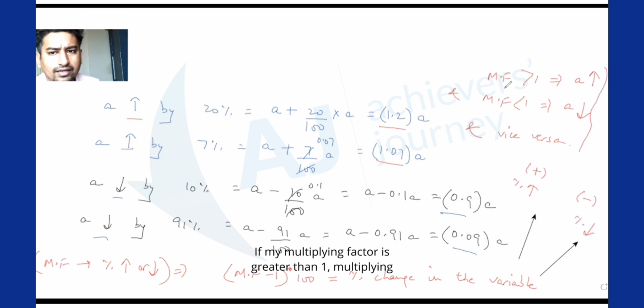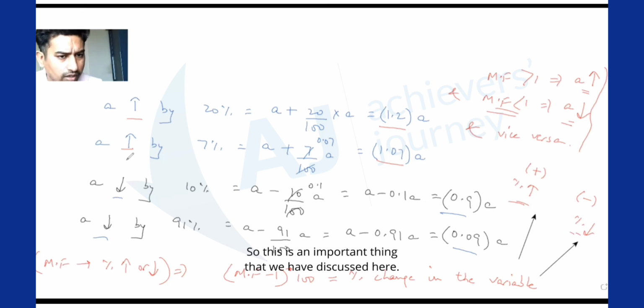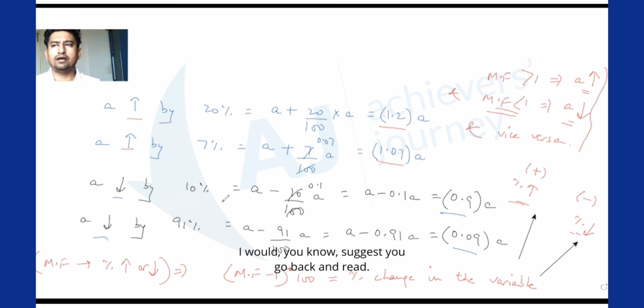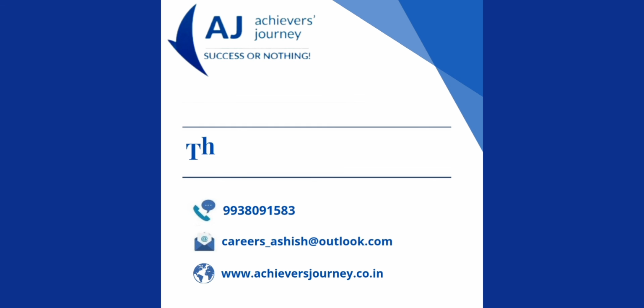If my multiplying factor is greater than 1, multiplying factor minus 1 would be positive, and if it is positive, that means percentage increase. So same thing we have discussed here. If it is less than 1, then multiplying factor minus 1 into 100 would be negative. If it is negative, percentage decrease in the variable, right? So this is an important thing that we've discussed here. I would suggest you go back and listen to it 2-3 times so that you are very clear on both the things.